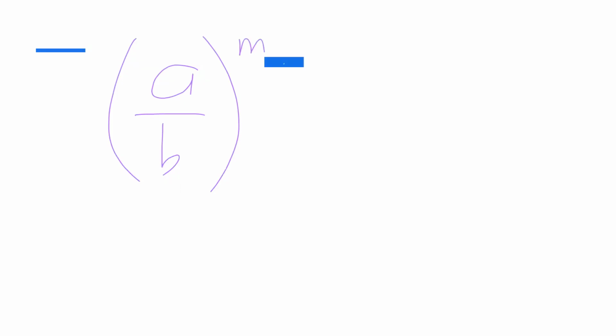Let's say that I've got a over b, to the power m. Now remember, the m must be distributed in some way to both of these. So this should equal a to the m divided by b to the m.